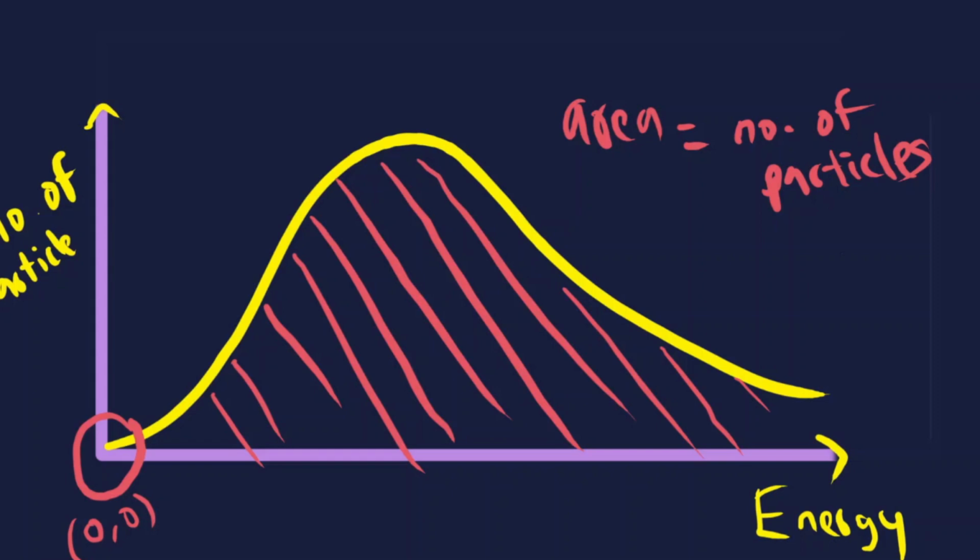However, it is worth noting that this is not perfect at all. For example, the fact that the curve never touches the x-axis again cannot be very true, because if the area under the curve is equal to the number of particles in a closed system, there should be a finite number of particles, and if the curve never touches the x-axis again, the area is equal to infinity.